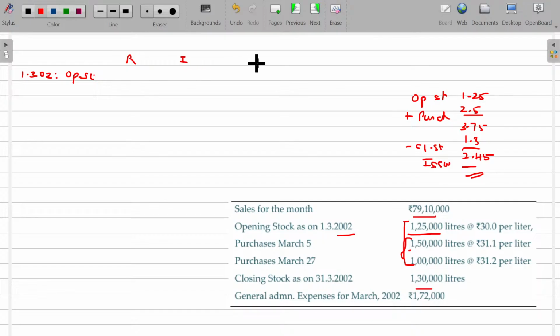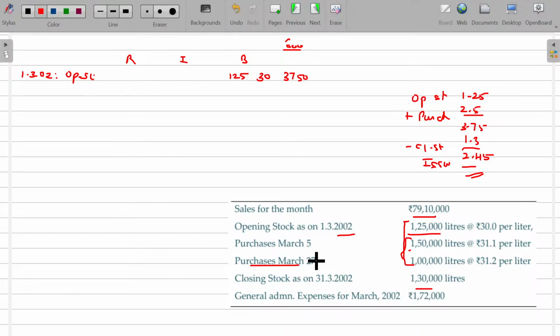Receipts, issue and balance. 1,25,000 liters at rupees 30 each. I'll put the value in thousands: 125 liters, 30 rupees, 3,750 rupees in thousands.